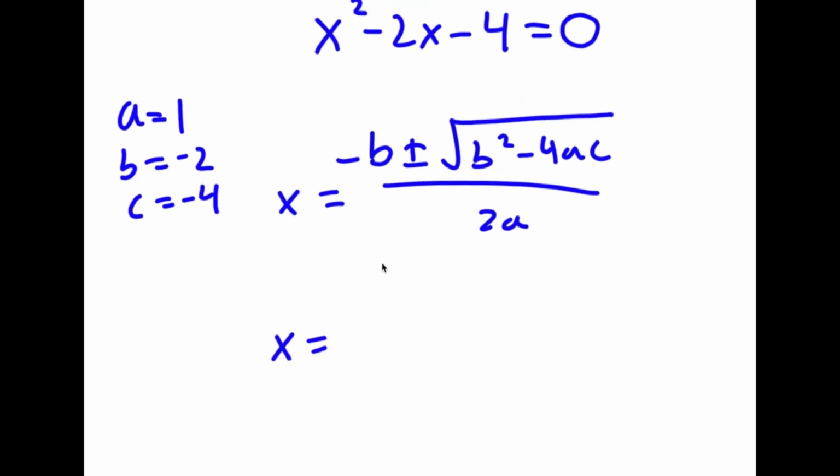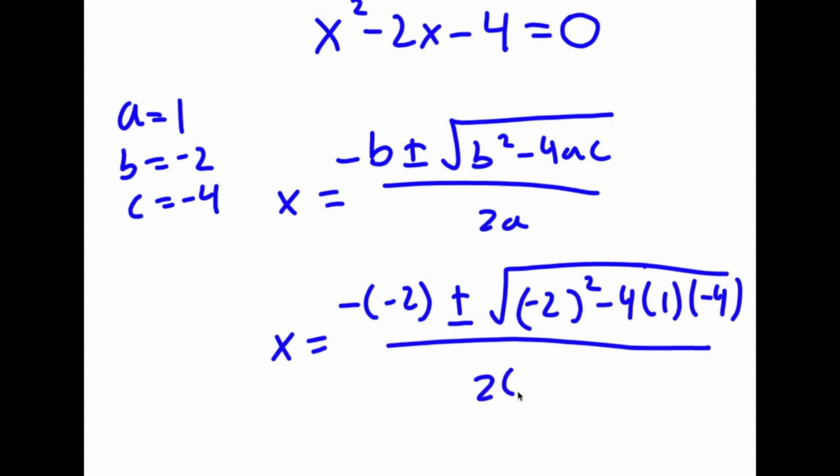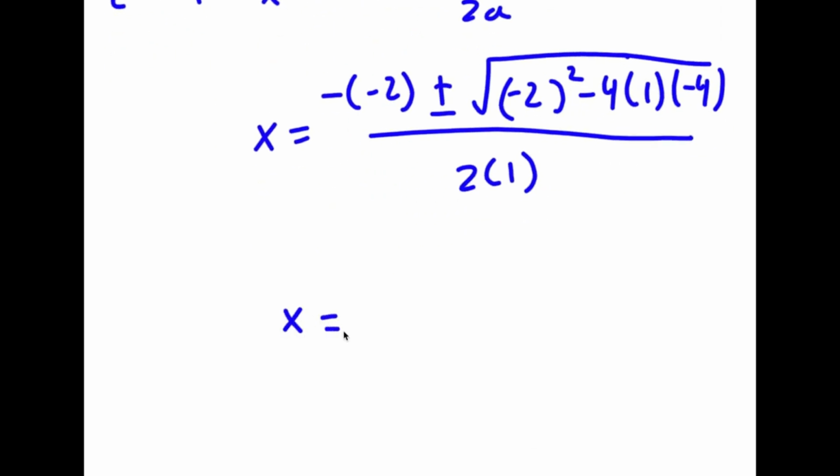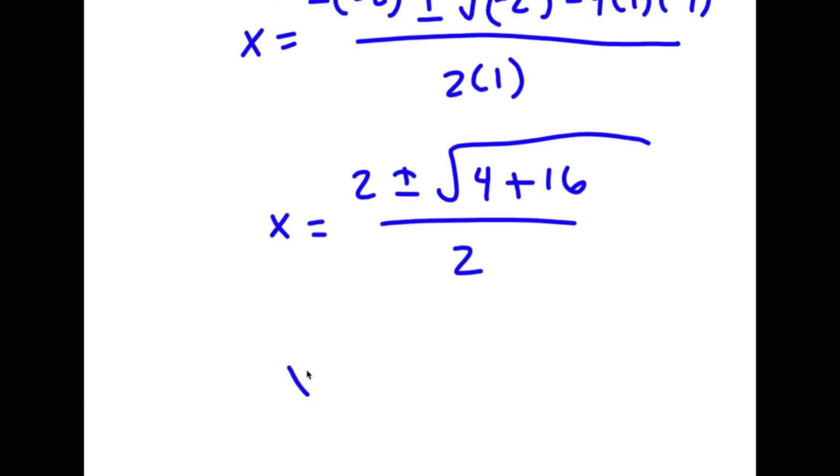So now I have x is equal to negative of negative 2 plus or minus the square root of negative 2 squared minus 4 times 1 times negative 4 all over 2a. So this is equal to 2 plus or minus the square root of 4 plus 16 all over 2, which is equal to 2 plus or minus the square root of 20 over 2.